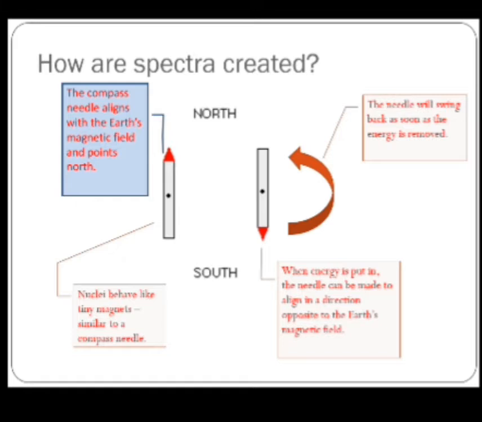The needle will swing back as soon as the energy is removed. When energy is put in, the needle can be made to align in a direction opposite to the earth's magnetic field. So friends, everything is correlated with the energy, isn't it? When energy is put in, it will be aligned. When energy is removed, the needle will swing back.